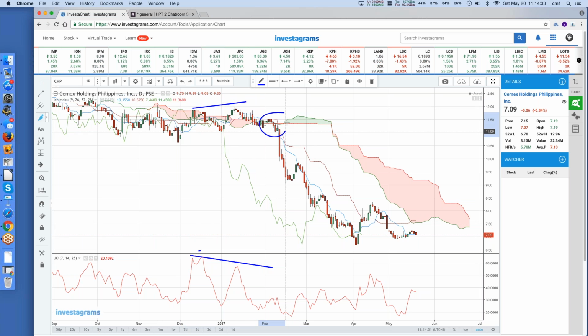This was followed by a Kumo breakdown or Kumo breakout to the downside, break below the Kijun-sen and Tenkan-sen, the Chikou span break below the Kumo or the price. So you could also use the same on the Forex market.